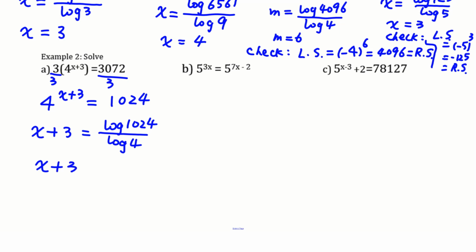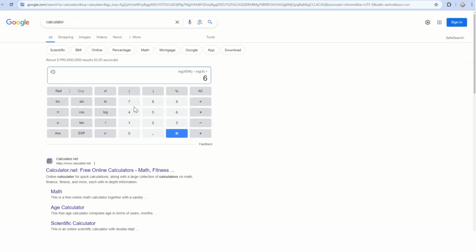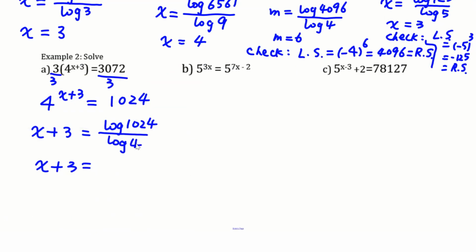We do the calculation, and that gives you 5. So x plus 3 equals 5.